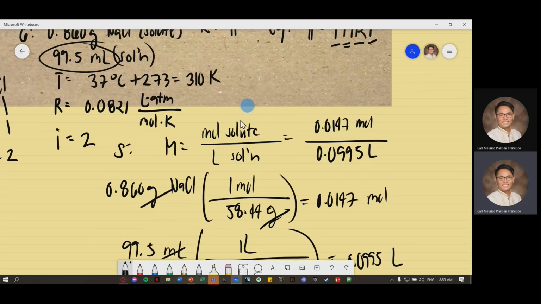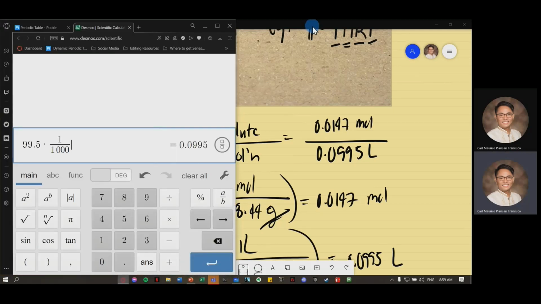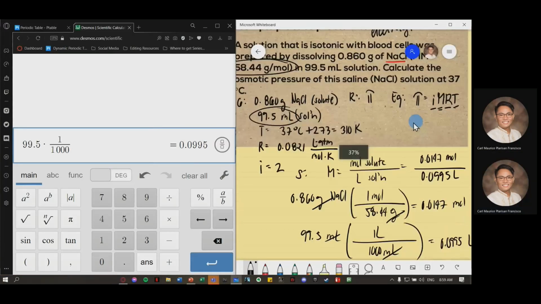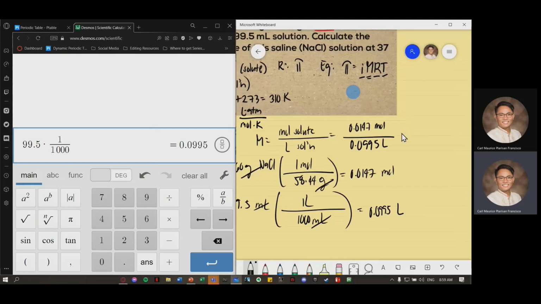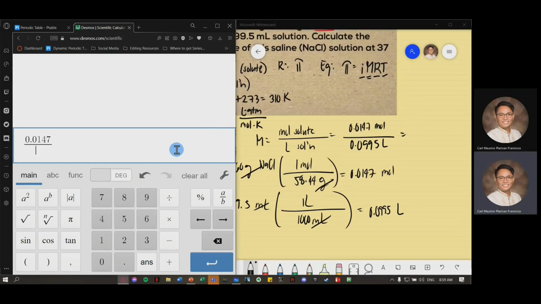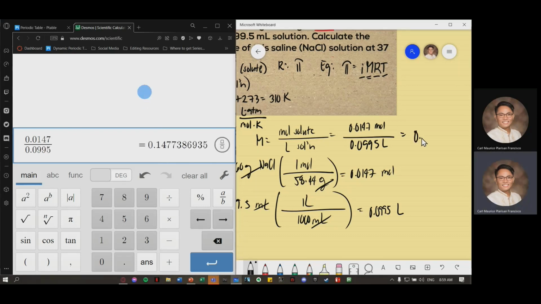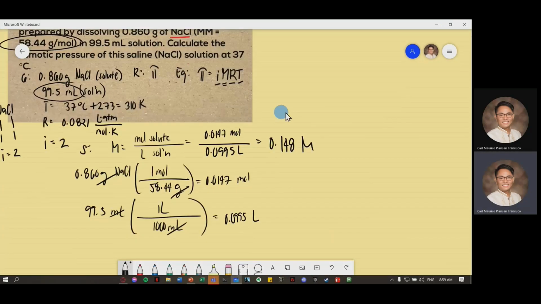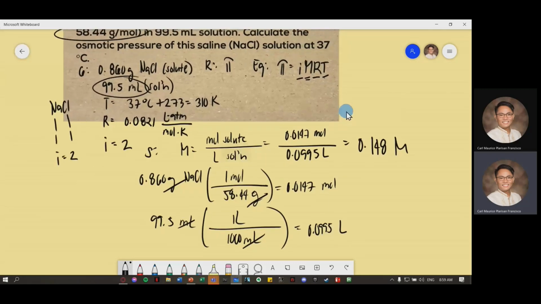So mole per liter. We may now type this on the calculator as well to get the molarity. 0.0147 divided by 0.0995. We have 0.148 molarity.